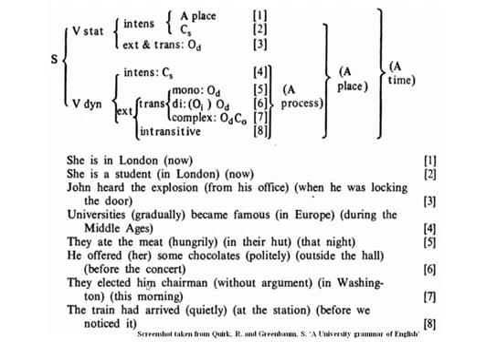Now, is it followed by one object? No, so it's not monotransitive. Is it followed by two objects? Of course no, so it's not ditransitive. Is it followed by an object complement? Yes, chairman. So in this way, elect is a complex transitive extensive dynamic verb.